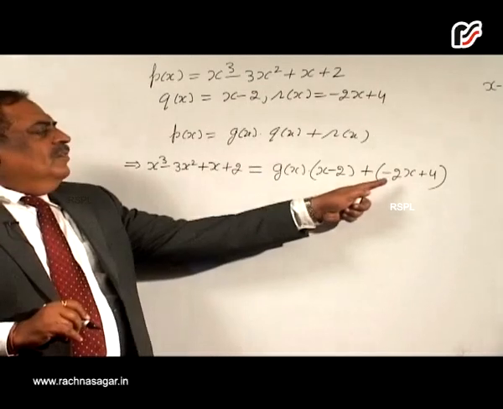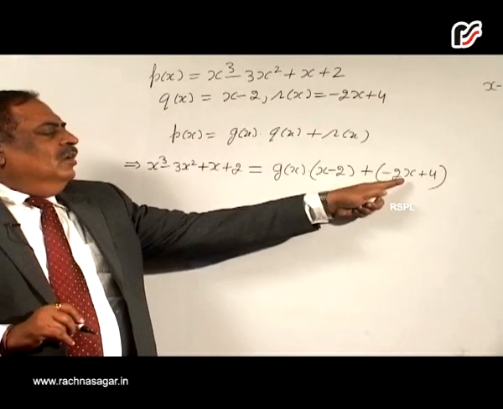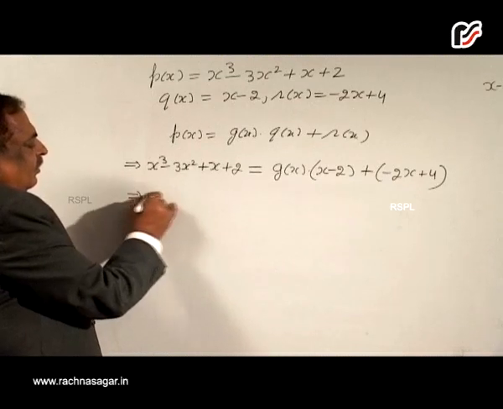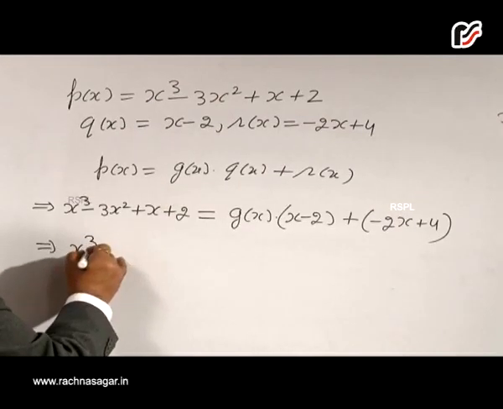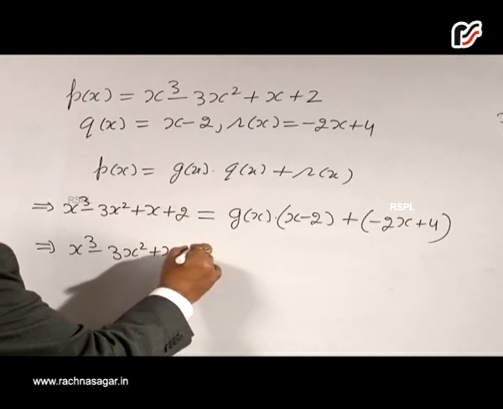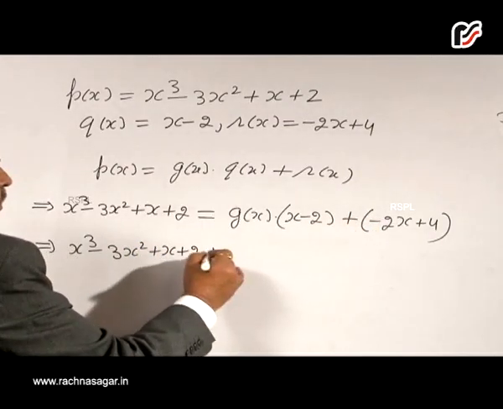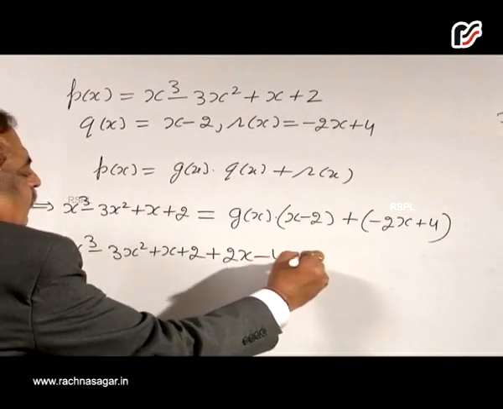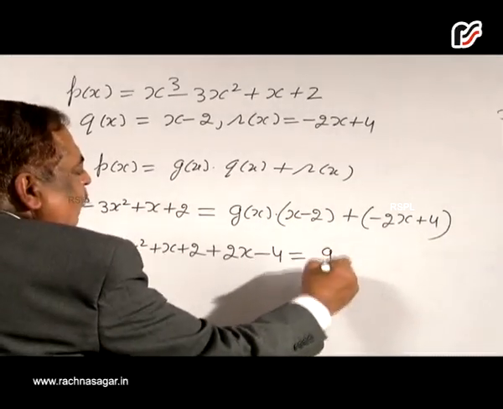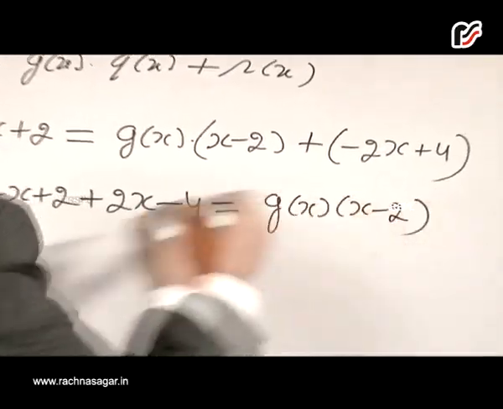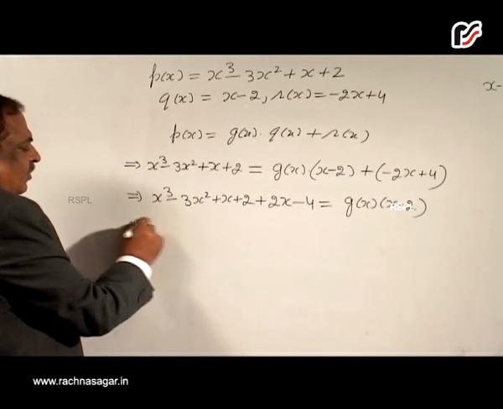Now if we take minus 2x plus 4 from the right hand side to the left hand side, this equation becomes: this minus 2x becomes plus 2x and plus 4 becomes minus 4, which remains equal to g(x) into x minus 2.